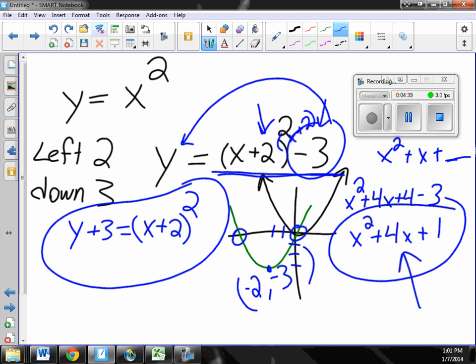What if the parabola is skinnier than the one that we drew? What if I moved it and then I made it twice as skinny? How would that change this formula? We're going to multiply the x values by 2 or the y values by 2.